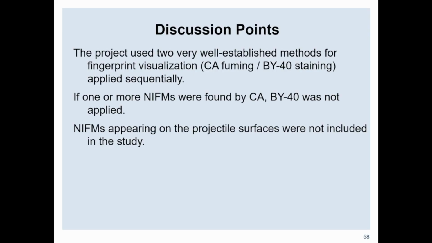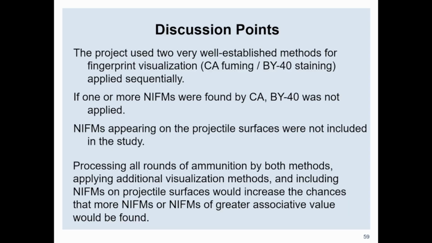And we also ignored marks that occurred on the projectile surfaces. So each of these things could, in fact, change the results, but they're unlikely to go in a direction of saying there's less. I can conclude at that point. Thank you.